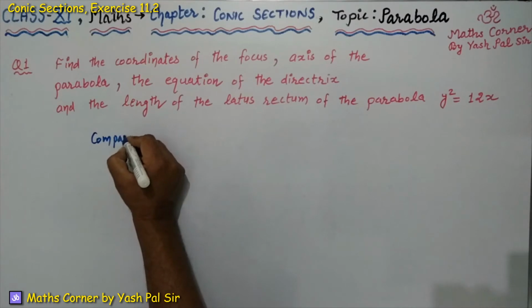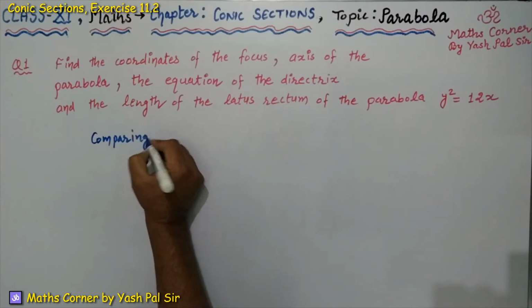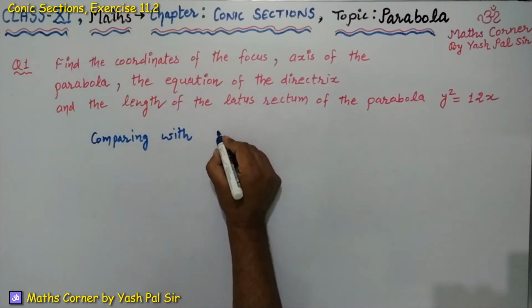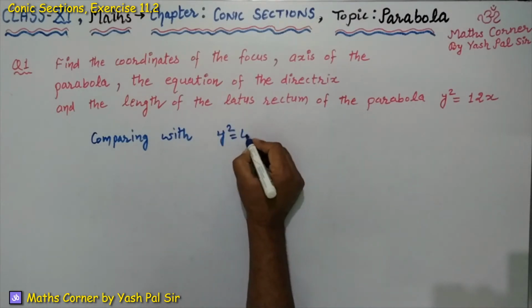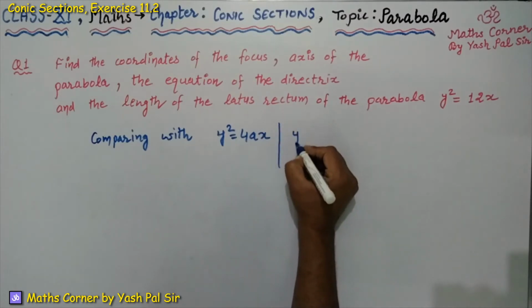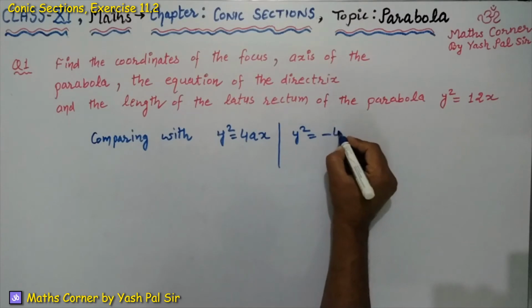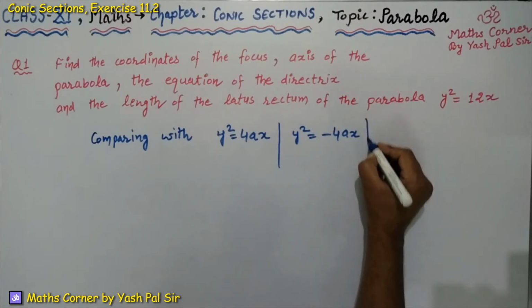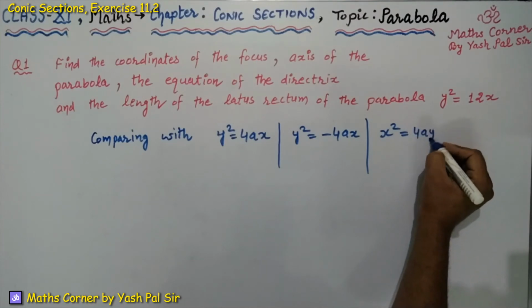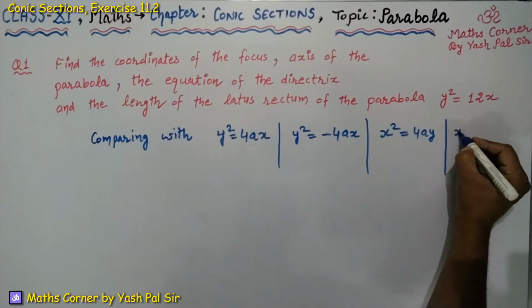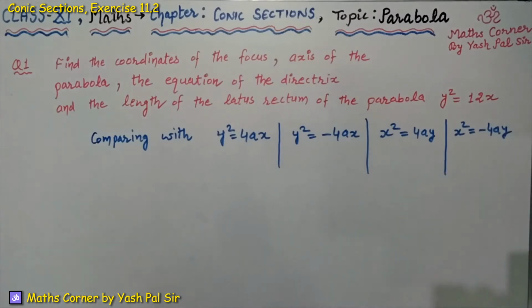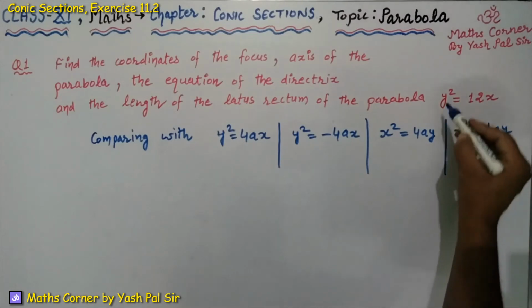First of all, comparing with y square is equal to 4ax, y square is equal to minus 4ax, x square is equal to 4ay, x square is equal to minus 4ay.